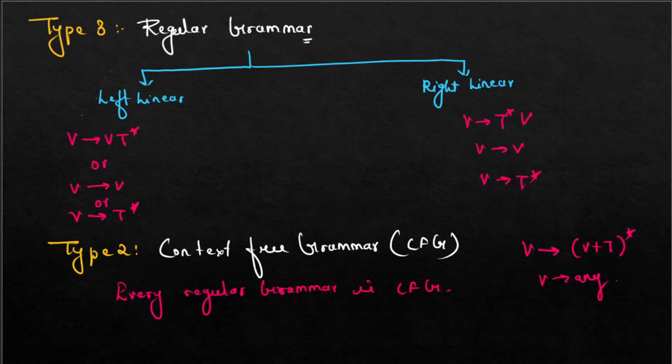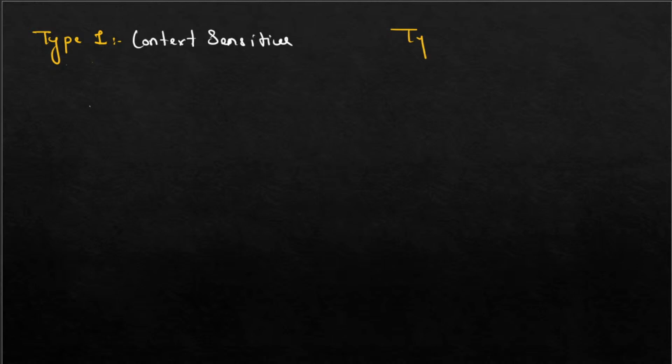Now let's discuss Type 1 and Type 0. Type 1 is context sensitive, and Type 0 is unrestricted grammar.